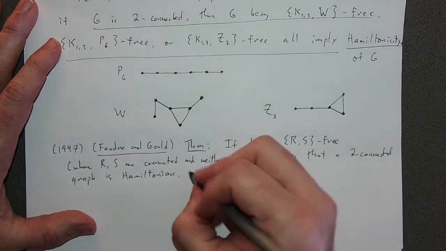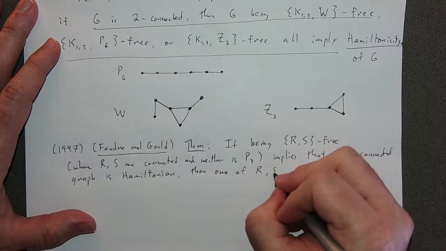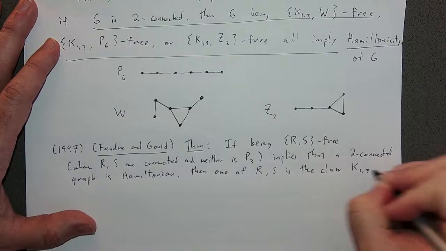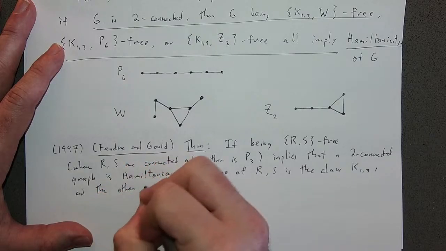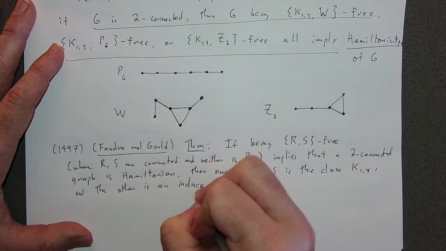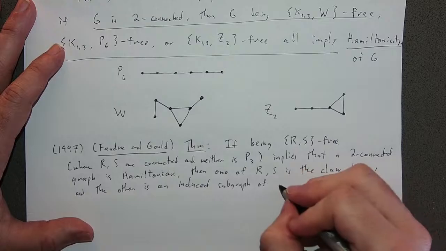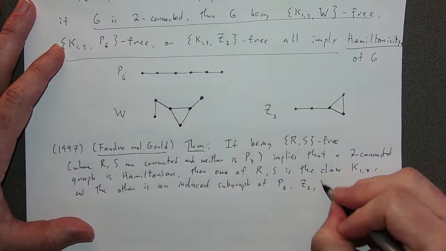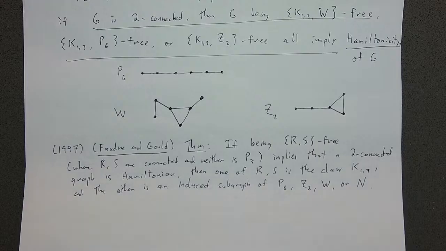then one of R, S is the claw, which is K_{1,3}, and the other is an induced subgraph of one of the following: the path on 6 vertices, Z2, W, or N. The reason we're including this language of induced subgraph, also we don't have to mention Z1 here, since Z1 is an induced subgraph of Z2.